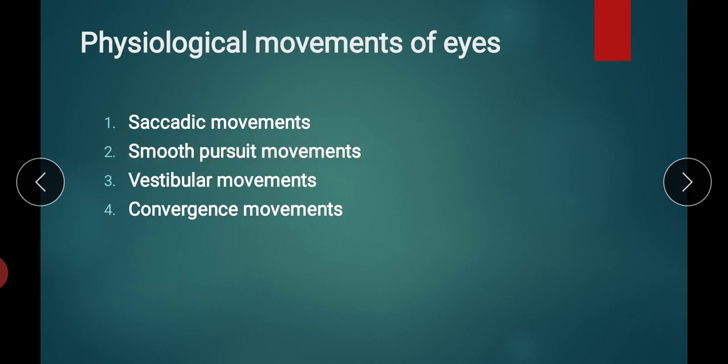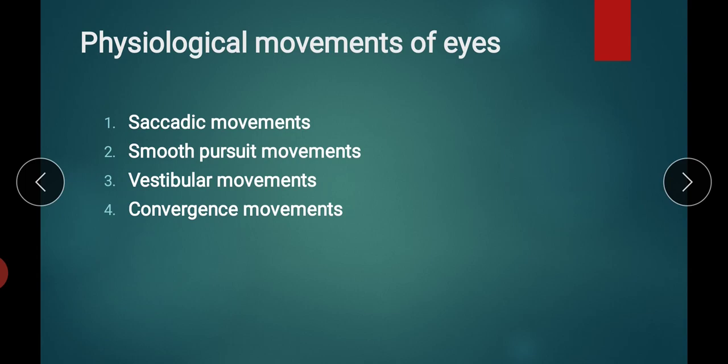Smooth pursuit movements occur when a person focuses on a moving object; following a moving object is mainly because of the smooth pursuit movement. Vestibular movements are the movements of the eyeball along with the movements of the head. And convergence movements mainly occur at the time of accommodation, to shift the focus from a far object to a near object.